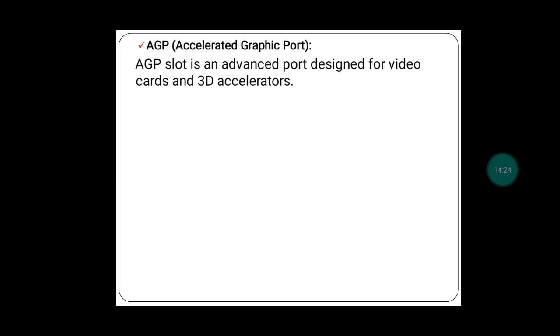How do you see them? You should have something called AGP, and to that AGP you connect your video cards and 3D accelerators. So the AGP slot is an advanced port designed for video cards and 3D accelerators to connect them onto your computer system.